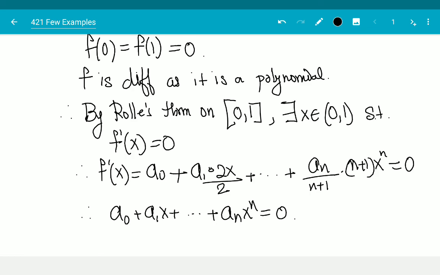So we have found our necessary x. In fact, it's between 0 and 1, such that the value of a naught plus a1 x plus dot dot dot an x to the n is equal to 0.